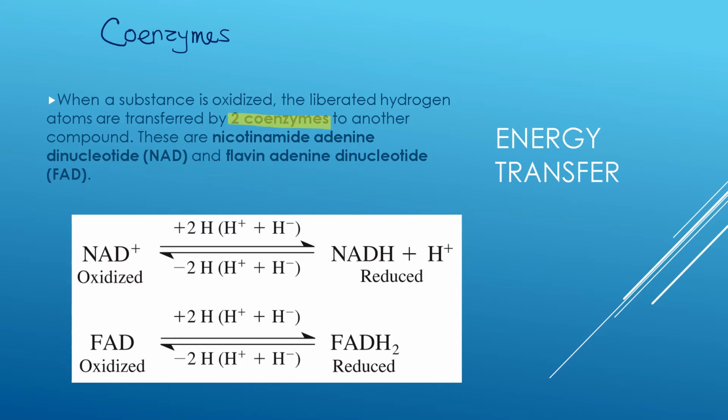These are nicotinamide adenine dinucleotide, also known as NAD. This is a derivative of the B vitamin niacin. And the second one is flavin adenine dinucleotide, which is also known as FAD. This is a derivative of vitamin B2, known as riboflavin. So we usually just call these coenzymes NAD and FAD.